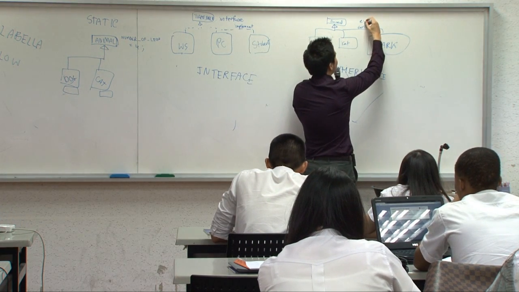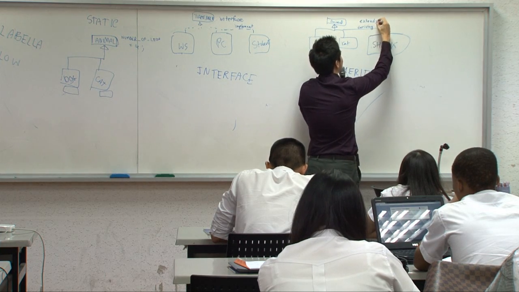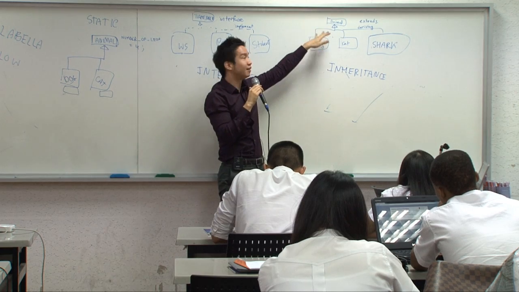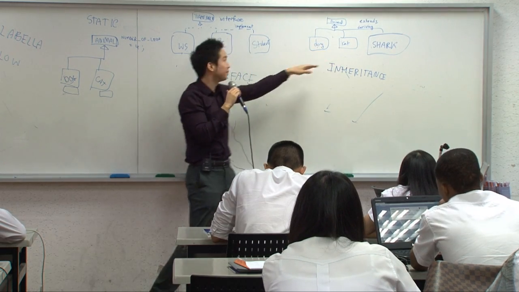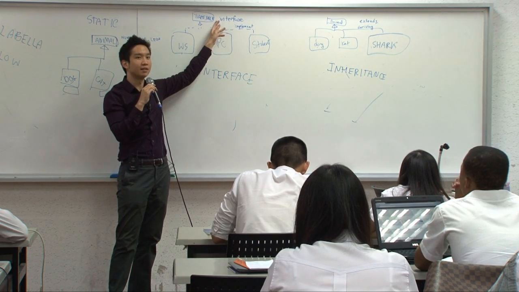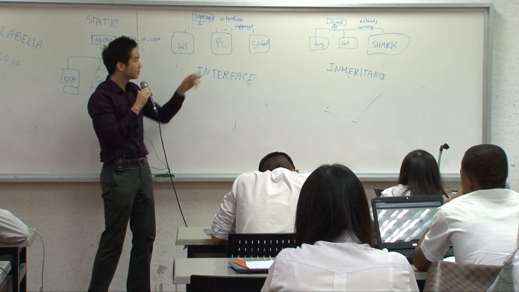Well, I don't mean the keyword, but yes, you're right. Okay, extend. So extending from animal, you have dog, cat, shark, right? Over here, you have classes implementing the interface, okay?